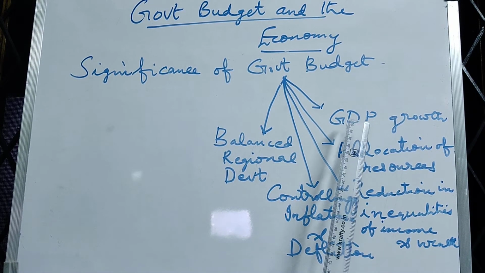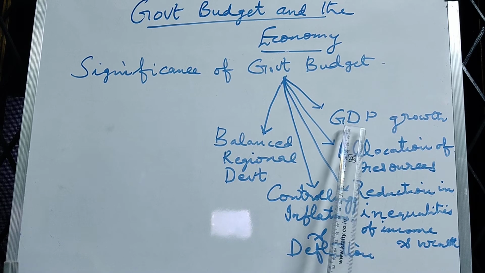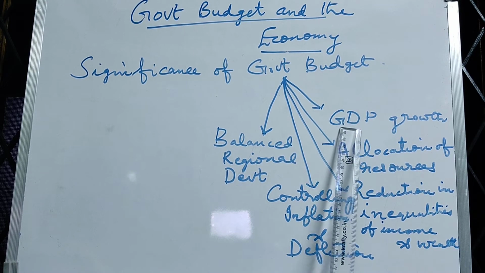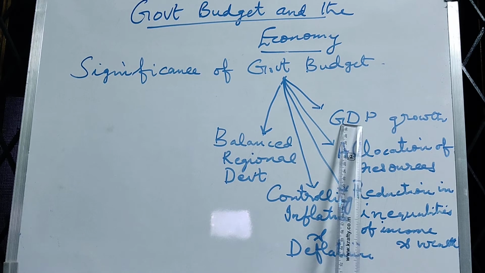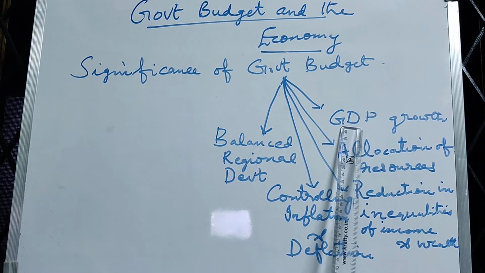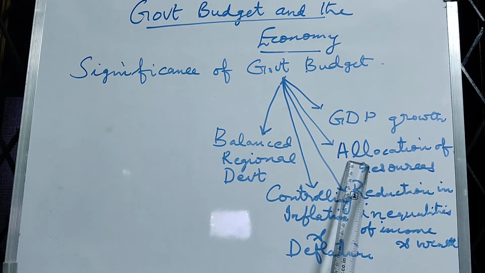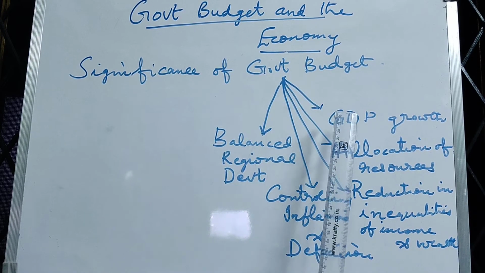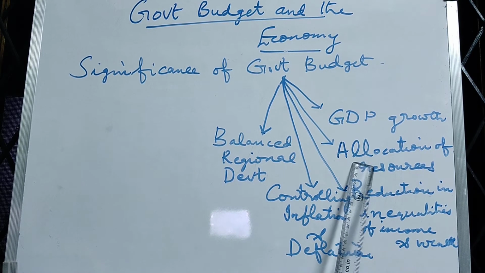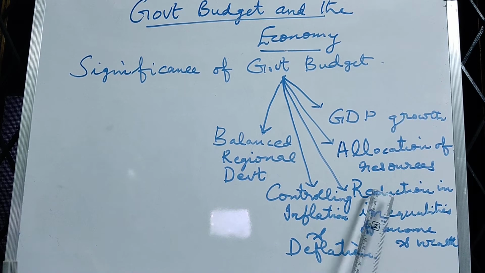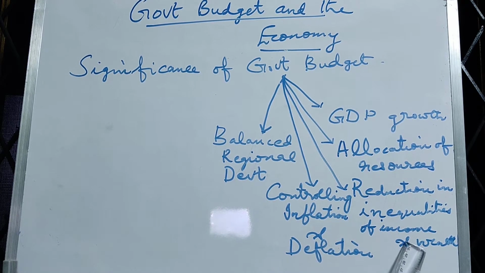So the 5 most important points which highlight the importance of government budget are: number 1, government budget helps in GDP growth. Secondly, the government budget helps in the proper allocation of resources. Thirdly, by preparing the budget, we can reduce the inequalities in income and wealth.